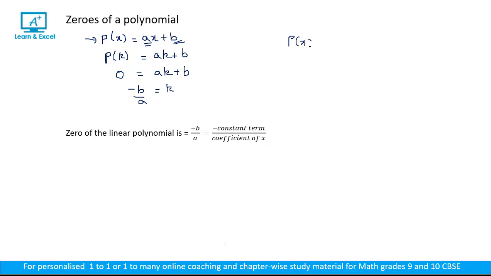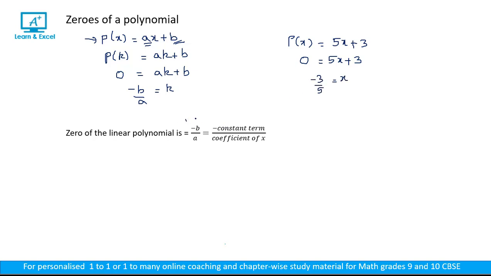If p of x is given to us as 5x plus 3 and we have to find the zero of this polynomial, then p of x is equal to 0, so 0 equal to 5x plus 3. We can solve this equation and get x as equal to minus 3 by 5.